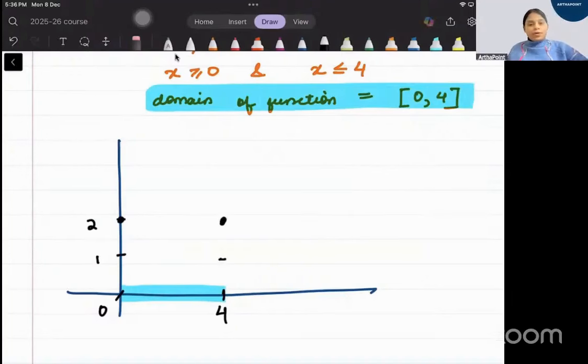So there are only two things that can happen with my function in between, right?